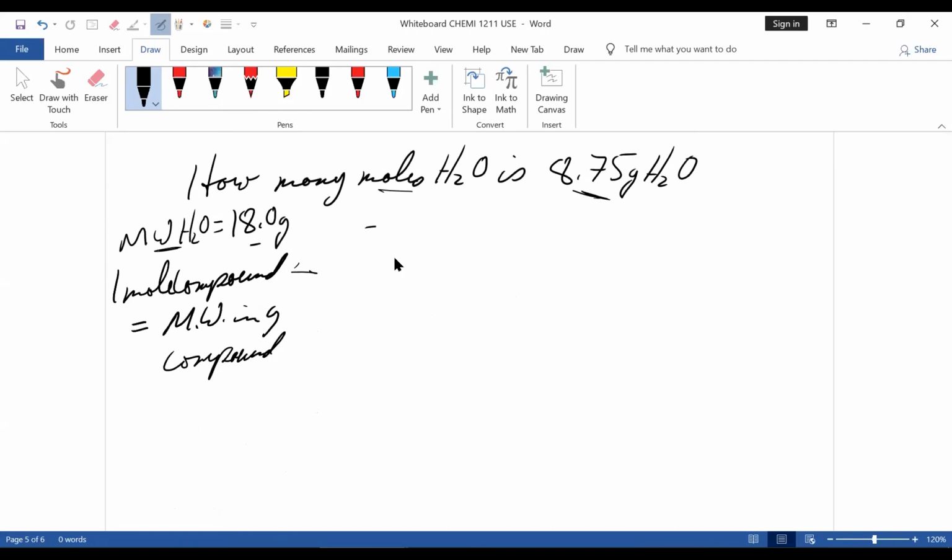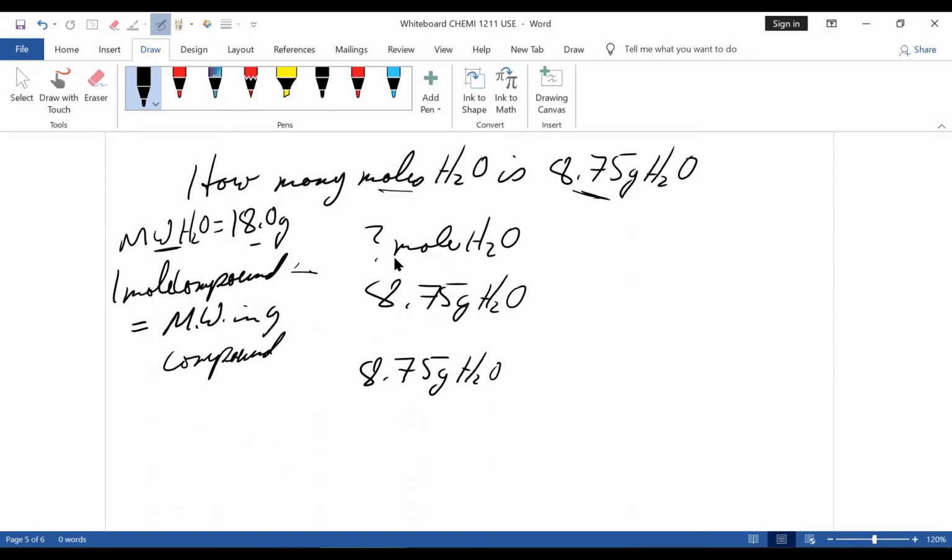All right, what are we trying to find? How many moles of water? What are we given? It's time to use unit analysis. This is the only number we have to start with. If there was some ratio conversion, what am I trying to get to unit-wise?